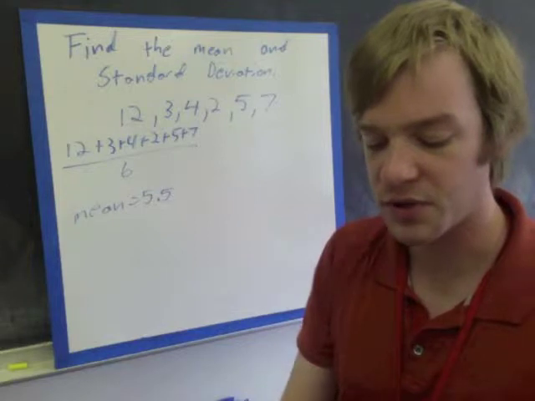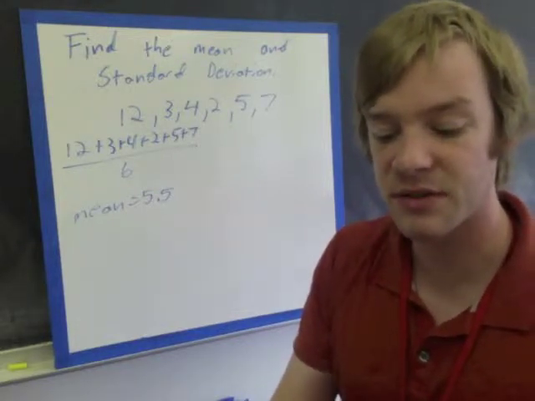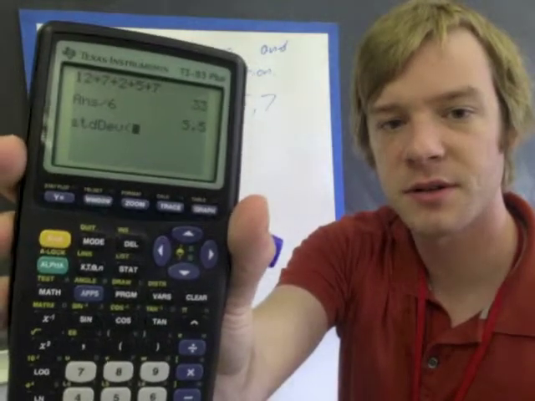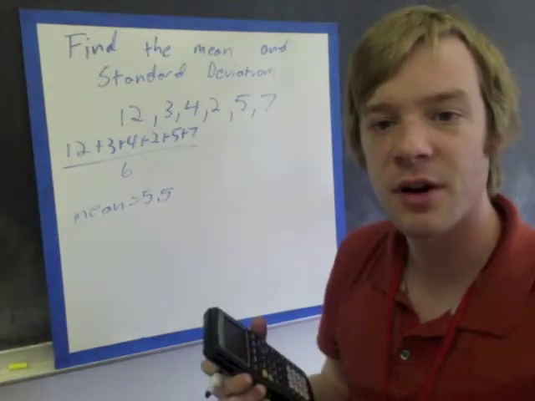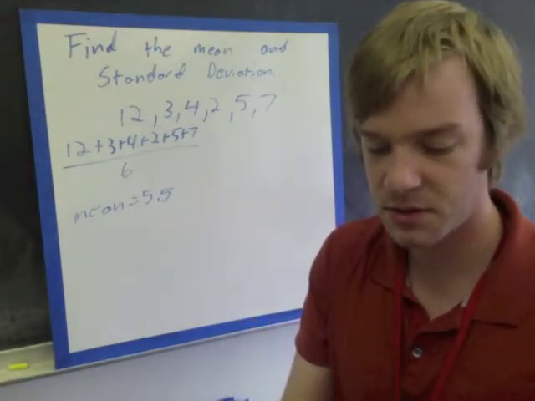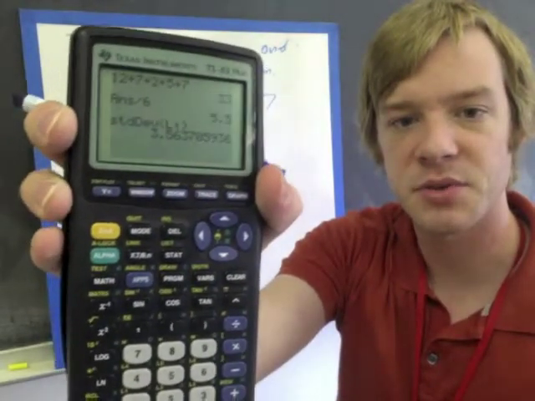We're going to go to the list menu now, go over to math, and then down to standard deviation for number 7. So we've got this up here, and we just have to enter in our list name right there, so L1, and hit enter. And we get this right here.